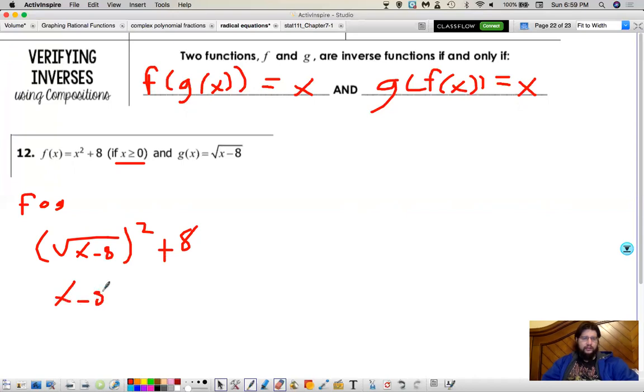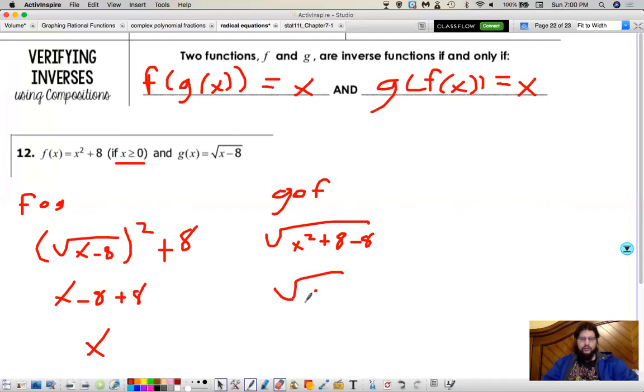X minus 8 plus 8. Yep, that's an x. Let's check g of f. Taking this thing, shoving it in here. Square root of x squared plus 8. That's x minus 8. Square root of x squared is x. It works.